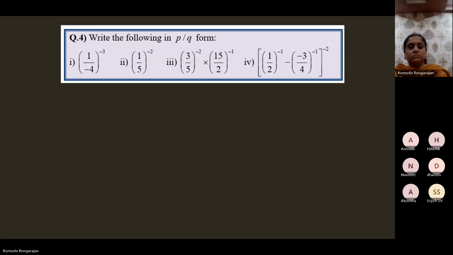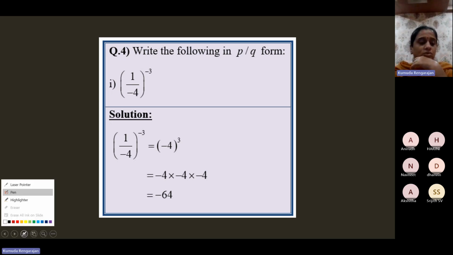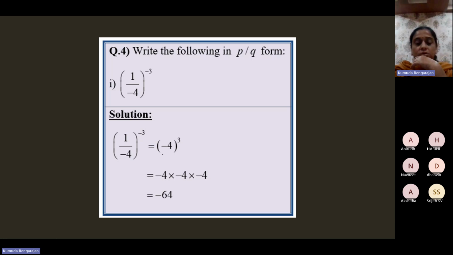Next one. Finish this. So here you may have a question as to why you have to write this. Why not proceed with what is given?